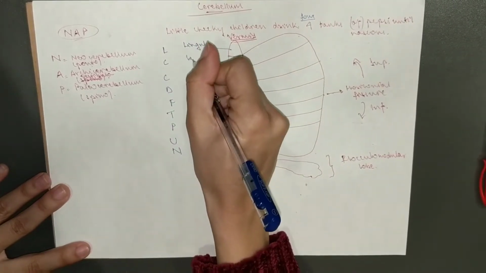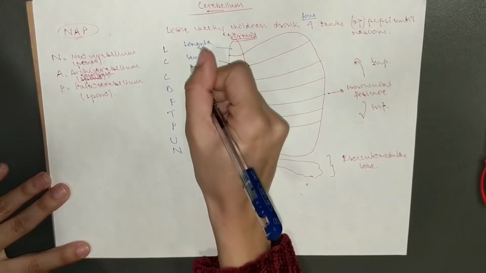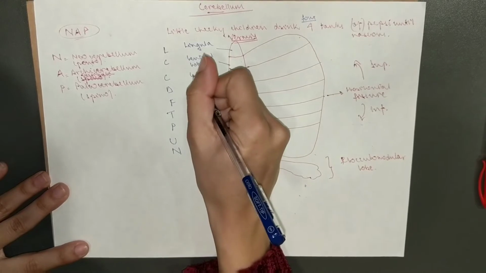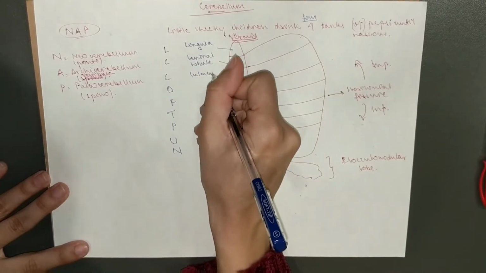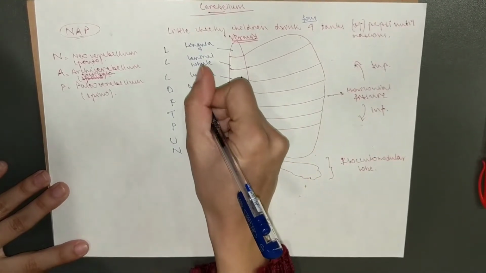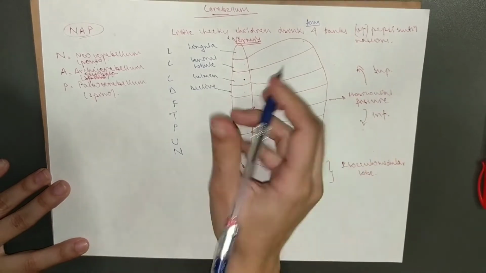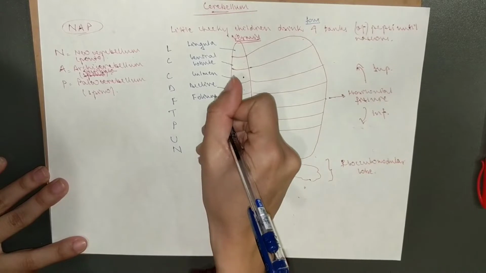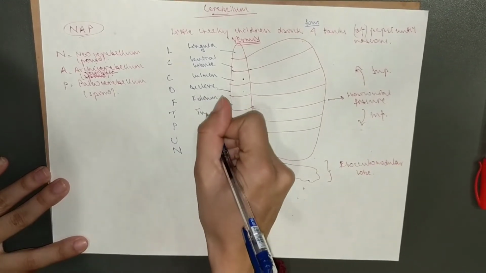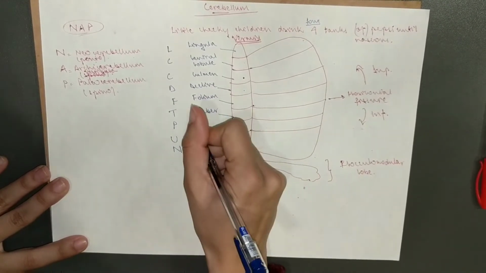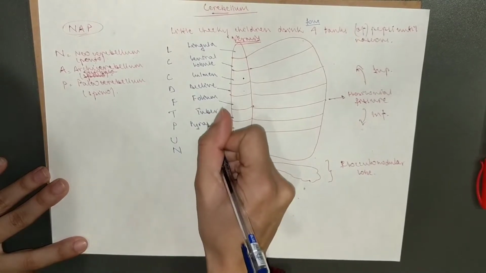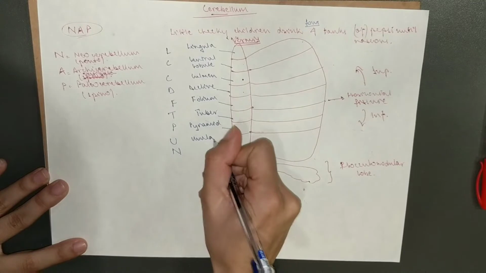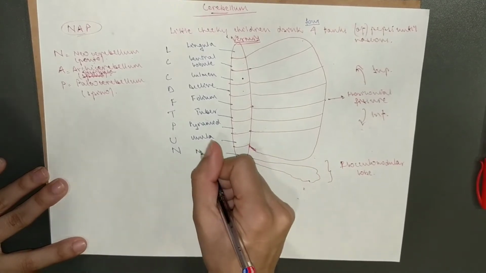C is the central lobule. C is the culmen. D is the declive. F is the folium. T, tuber. P, pyramid. U, uvula. And N, I told you, the nodule.